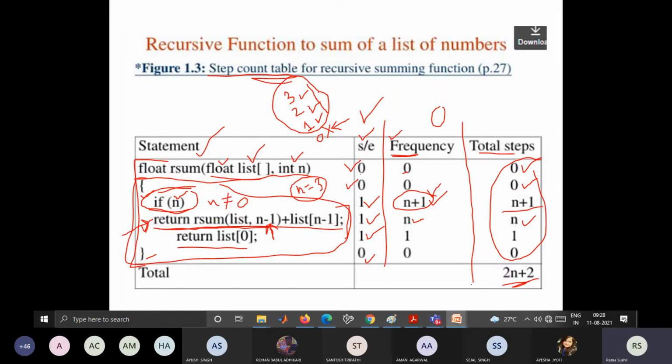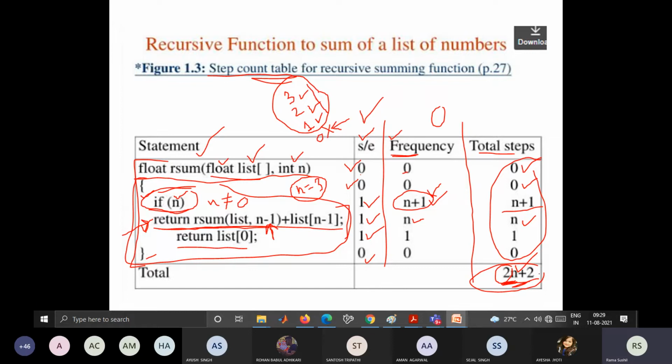Now the complexity of this will be decided with the help of the leading term in this particular expression. Consider the term having the highest power of n, and it is only this 2n. The coefficient does not matter and is not going to affect the growth of the function. The growth of this function will be controlled by n only.